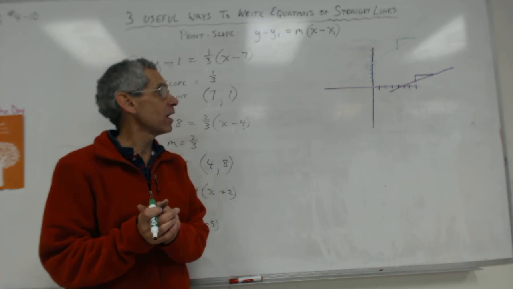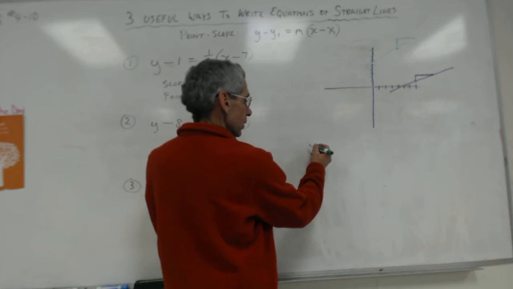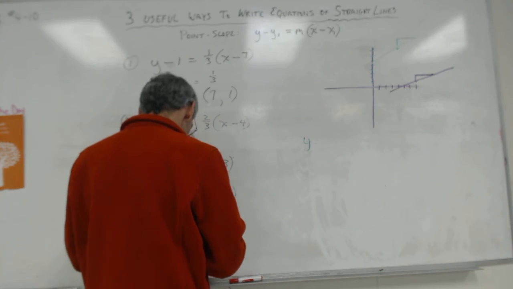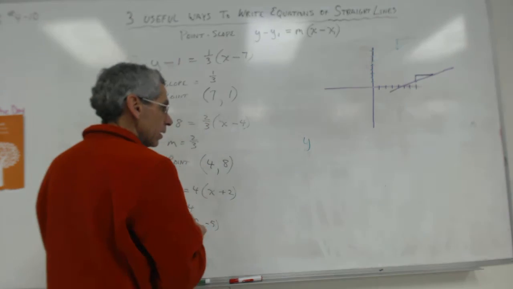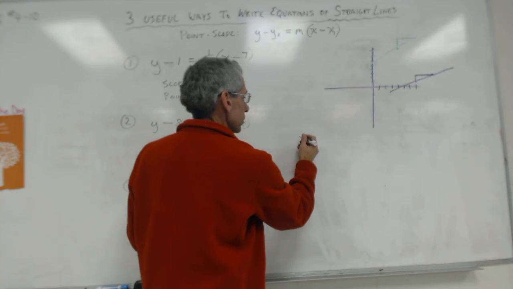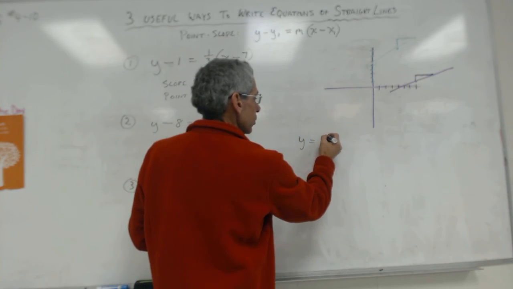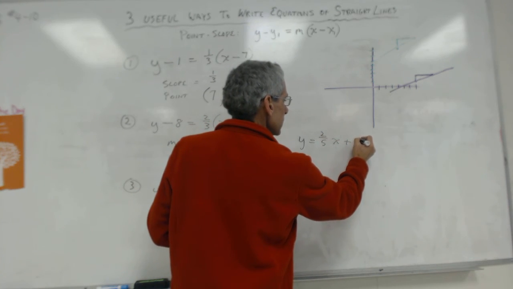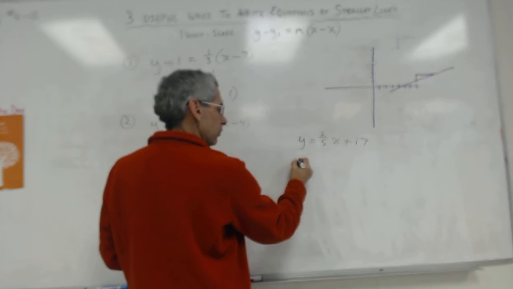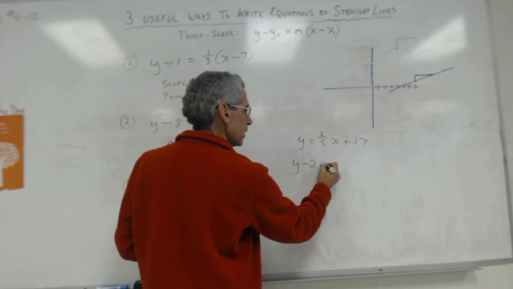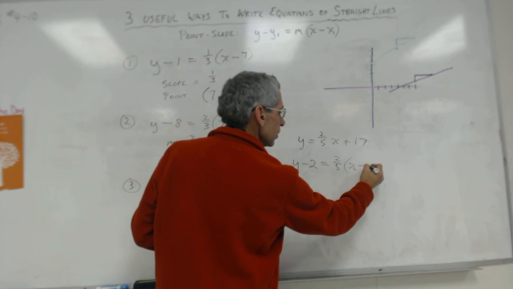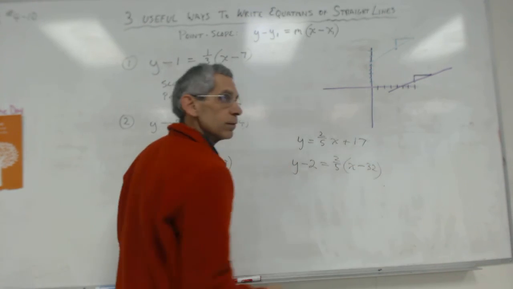You immediately can tell. Even if I gave you two equations, watch this. Y equals 2/5 x plus 17. And I gave you y minus 2 is equal to 2/5 x minus 32.